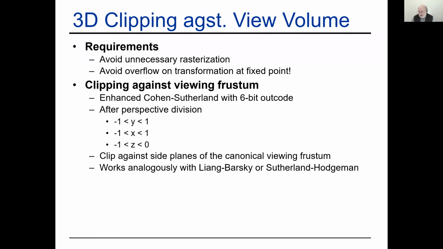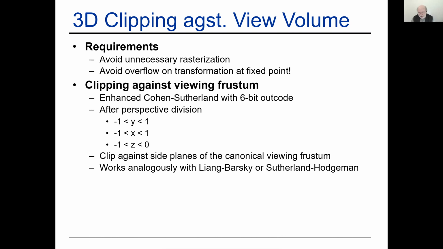Yes, and so we can do that clipping after the perspective division. Now we're back in normal 3D coordinates, and then we clip simply against X and Y, which we define as -1 to 1, and in Z between -1 and 0.